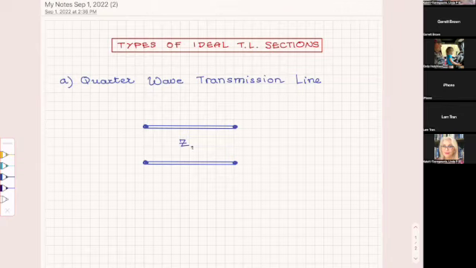And then here we have a load that connects to it. This load is ZL, and this length is lambda over 4. And we want to find the input impedance here, Z input.